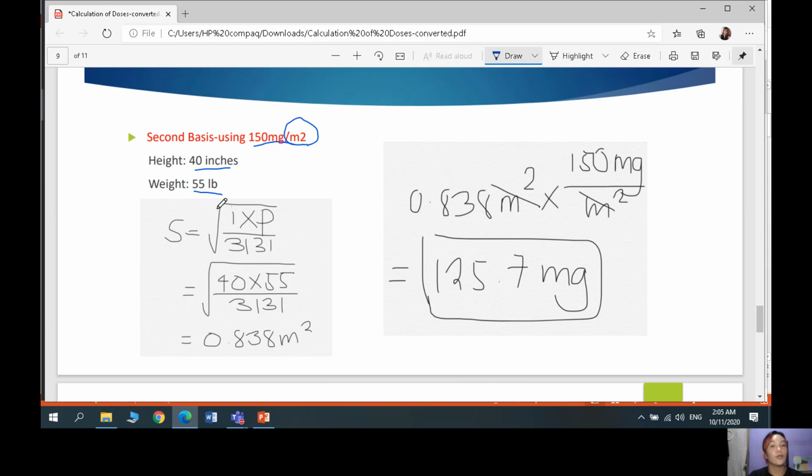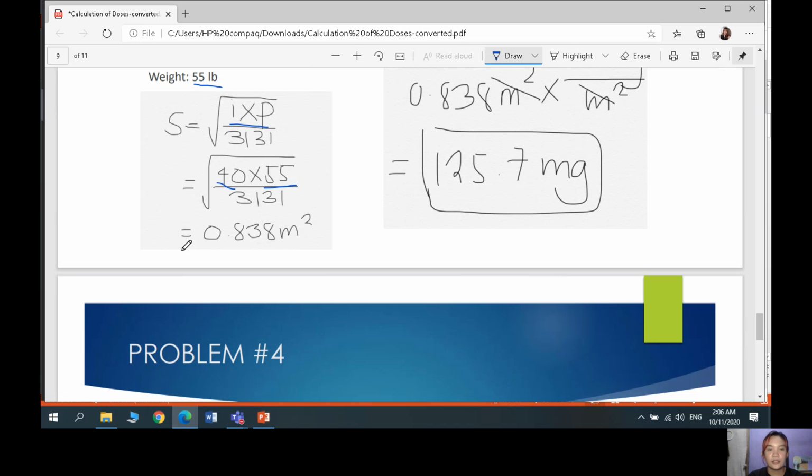So again, we are going to use the exact equation, which is S is equal to the square root of I times P over 3131. So I, 40 inches, times P, the weight, 55 pounds, over 3131 is equal to 0.838 meters squared, which is the BSA.